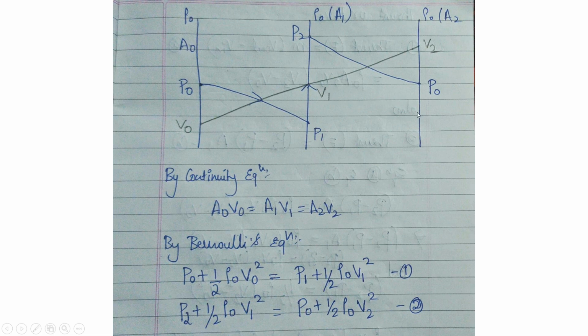Then from the next section we have P2 plus half rho naught V1 squared, since V1 is the same on the disc, equals P naught plus half rho naught V2 squared. That is your Bernoulli's equation, so you write it as equations 1 and 2.